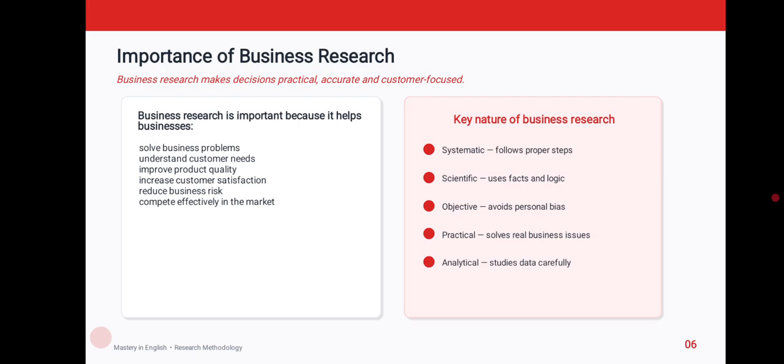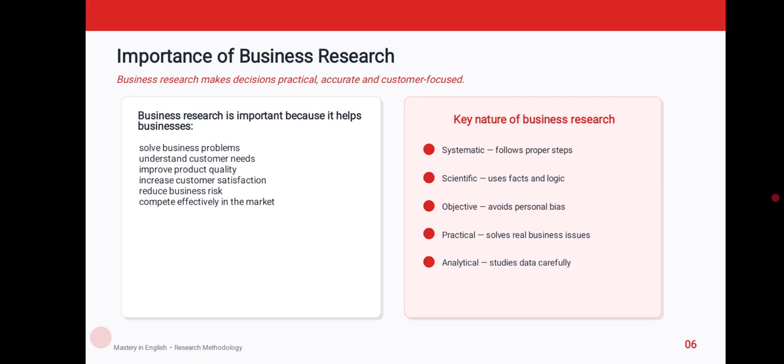It also helps the businesses to compete effectively in the market. Now let us understand the nature of business research. So basically, business research is systematic because it follows the proper steps. It is scientific because it uses the facts and logic.